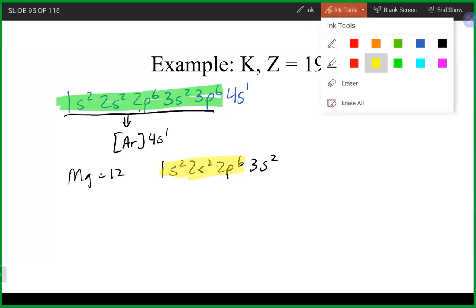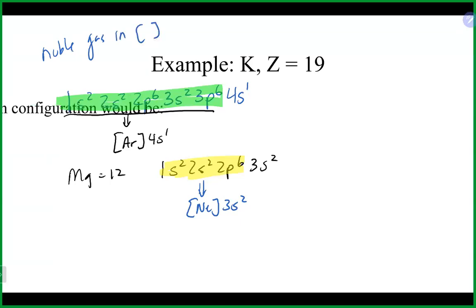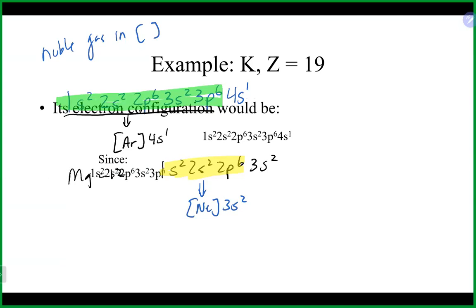We could shorthand this as neon in brackets and continue on with 3s2. So it always has to be a noble gas that goes in the brackets. And you could do a shorthand version of it.